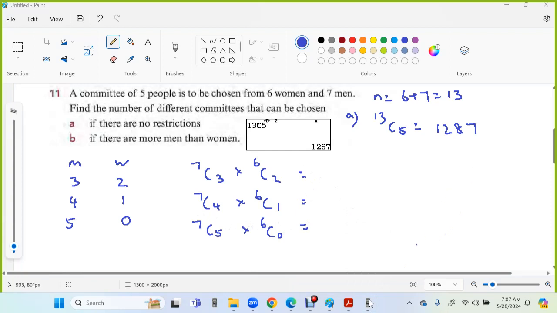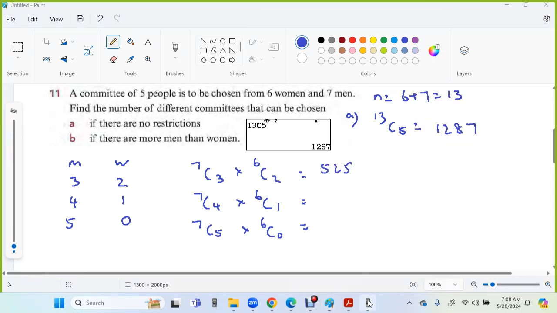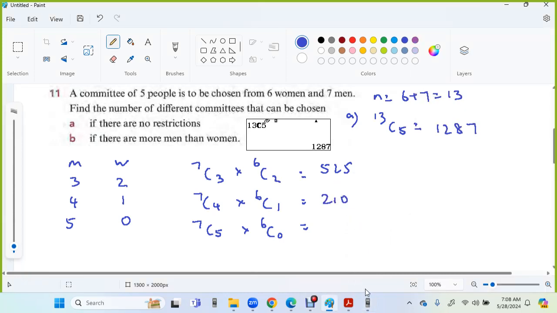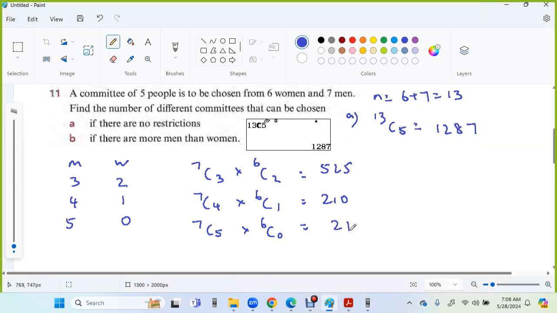Okay. So we have the 7C3 times 6C2, then is 525. 7C4, 6C1, then is 210. 7C5, 6C0, then it is 21.